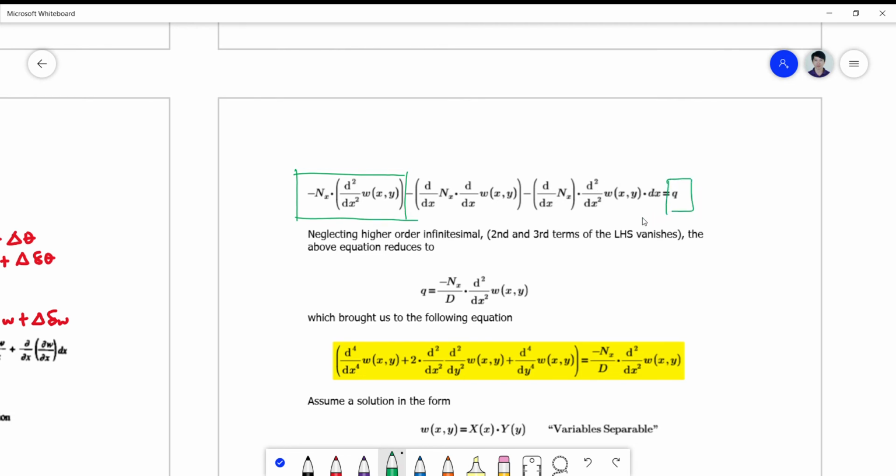Okay, so q is simply equal to the negative of nx d squared over dx squared of your w(x,y). In the book, this is actually written as negative nx times the second partial derivative of omega with respect to x squared. The reason I write it down like this is because MathCAD cannot write the partial derivative this way.